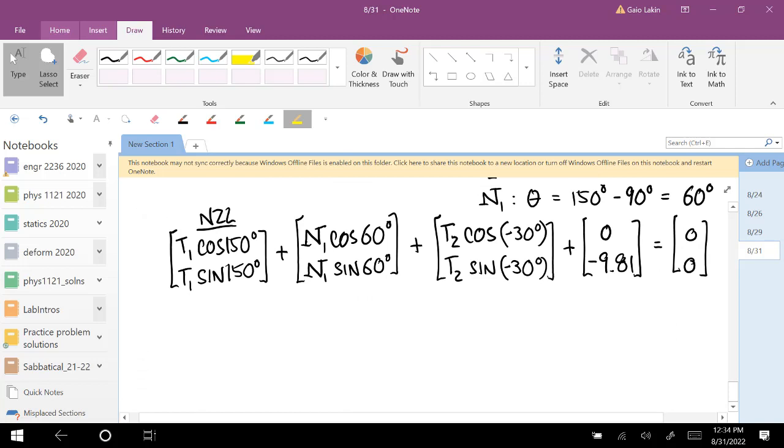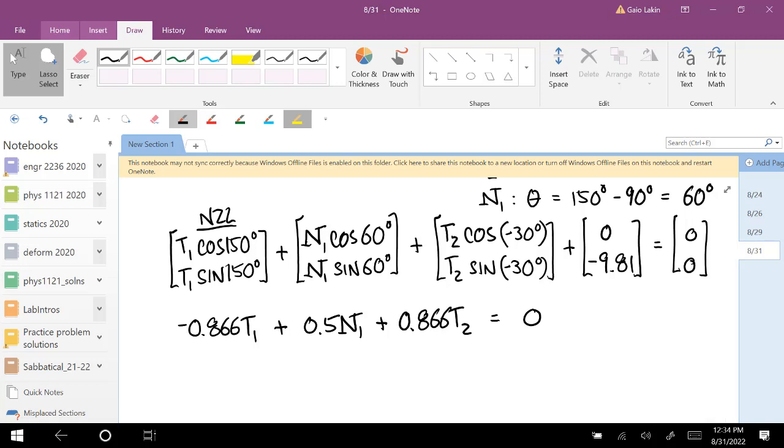So that is negative 0.866 T1. I'm going to split this up into the 2 equations, I guess. So negative 0.866 T1 plus 0.5 N1 plus 0.866 T2 is equal to 0.